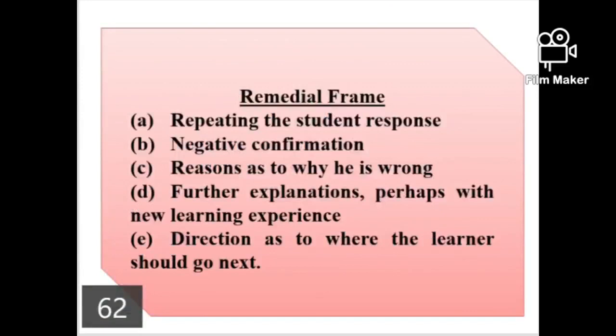Remedial frame: repeating the student response, negative confirmation, reasons as to why he is wrong, further explanation, perhaps with new learning experience, direction as to where the learner should go next.